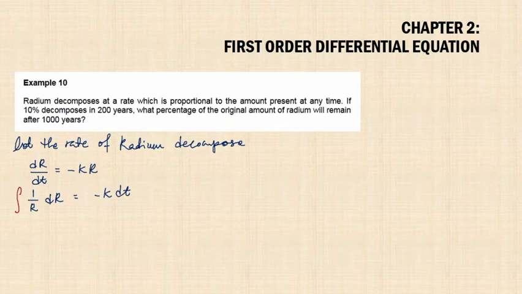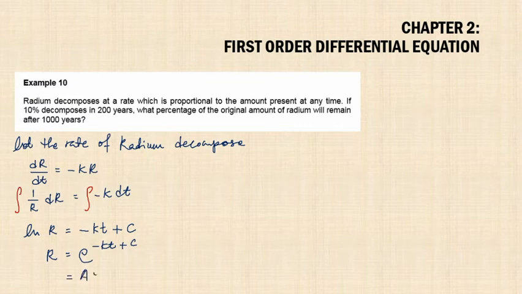And then we integrate both sides, so we have ln R equals negative kt plus c, and then by taking the exponent of both sides, we have R equals e to the power of negative kt plus c, and then by separating the exponent, we have A e to the power of negative kt, where A is e to the power of c.